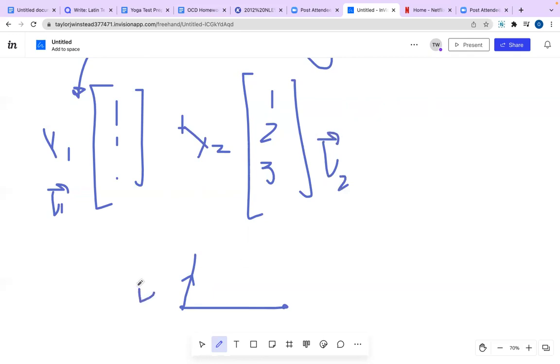We've got V2, got V1. It makes a plane here, but then it gets extended out, right? Because again, with linear combinations, you can multiply by any scalar and have it still fall within the image.